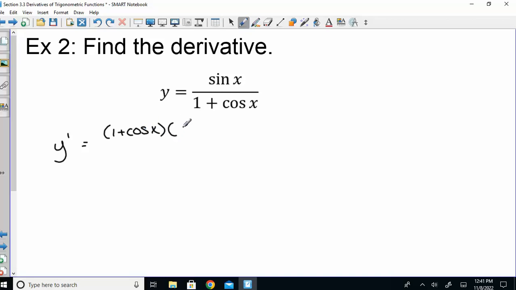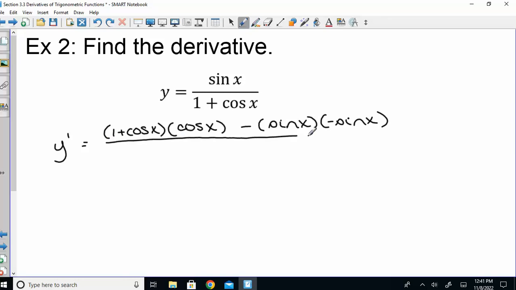What is the derivative of sine x? Minus high d low. So the derivative of 1 is 0, plus the derivative of cosine is negative sine, over low squared.